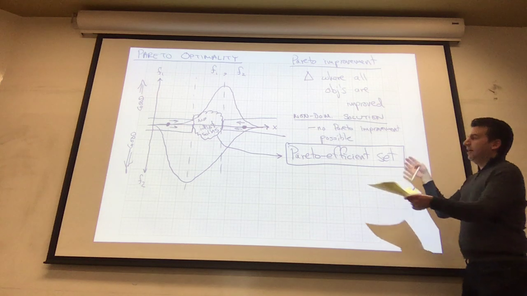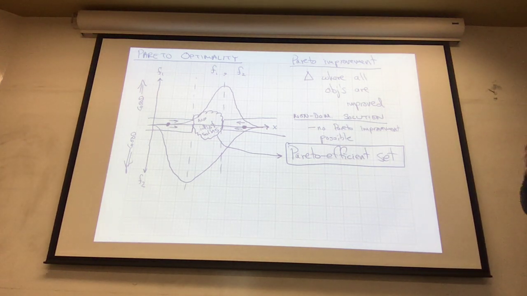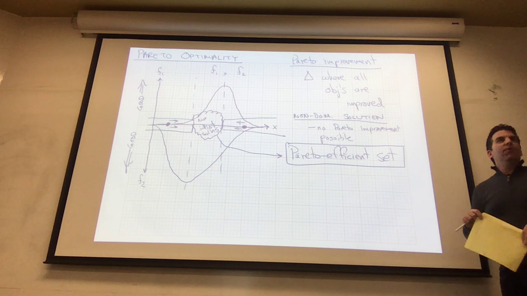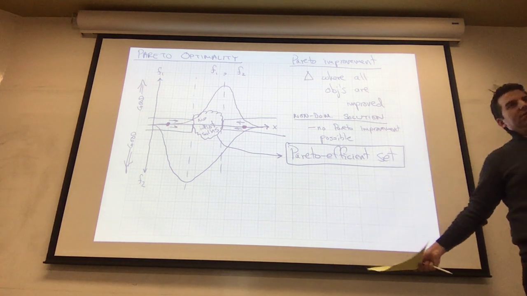We say in economics that the market has reached an efficient solution if the only way somebody can make more profit is if someone else makes less. So market solutions are supposed to be Pareto efficient, and everyone has arrived at a point where no one can do better uniformly. Somebody's got to do worse.